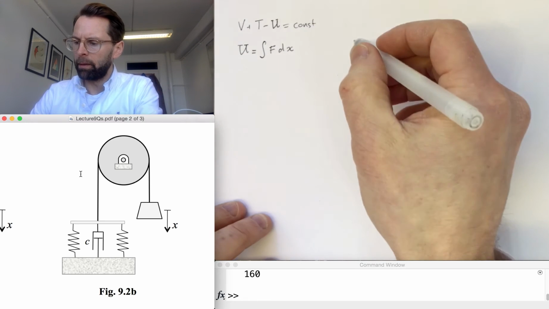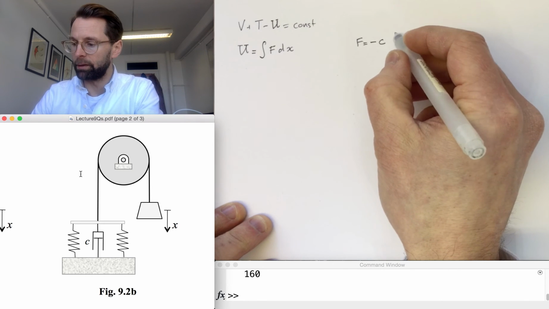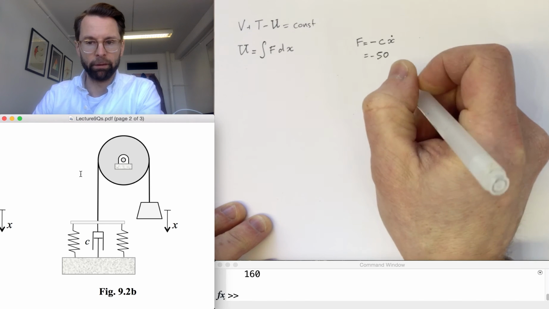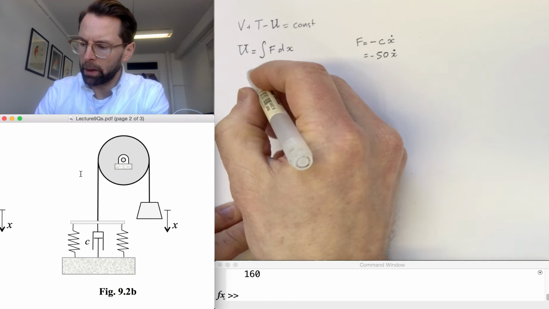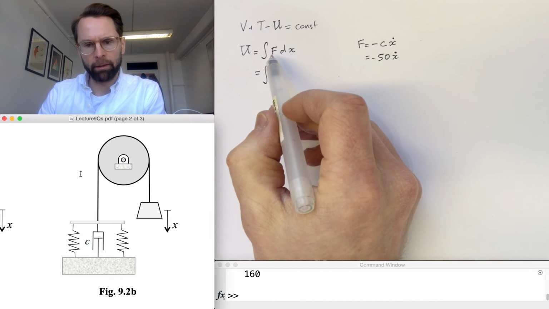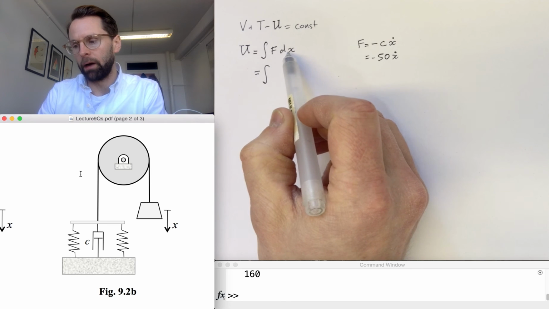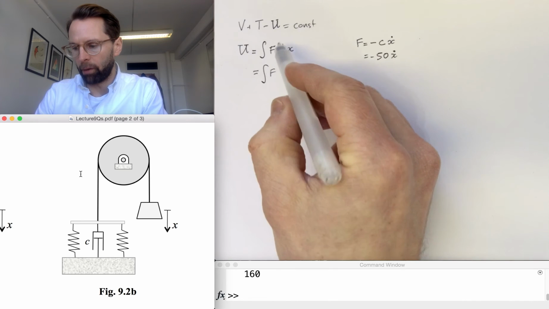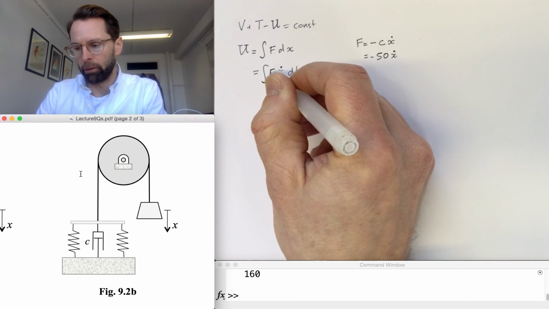And if you remember, the damping force is equal to minus the damping constant times x dot. We're given the damping constant, by the way, it's 50. We can substitute that in there. But also, if you remember from lecture 9, instead of having the work done described as an integral over distance, we can describe it as an integral over time, provided we multiply the force by x dot.